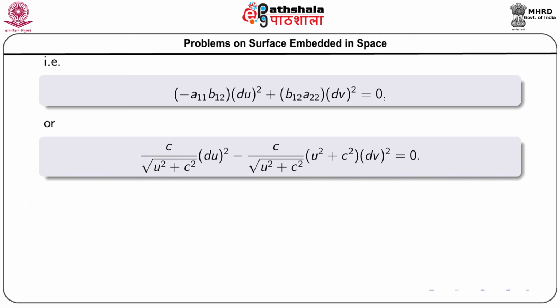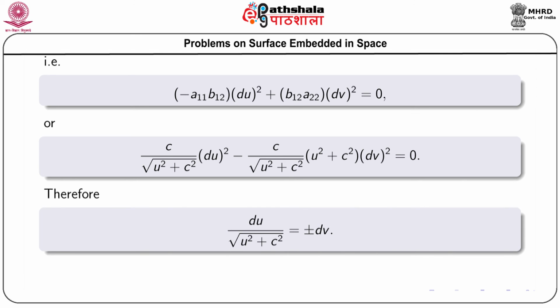Now, putting the values of A11, B12, A22, we get c by root over c square plus u square du square minus c by root over u square plus c square times u square plus c square dv square equal to 0.